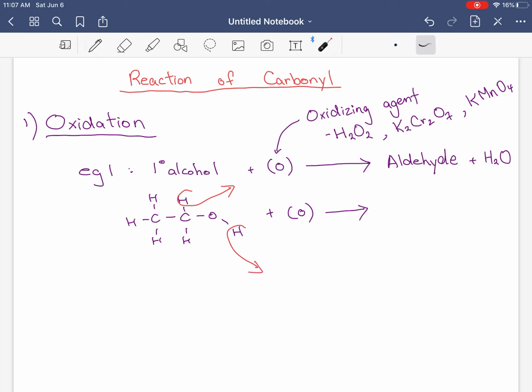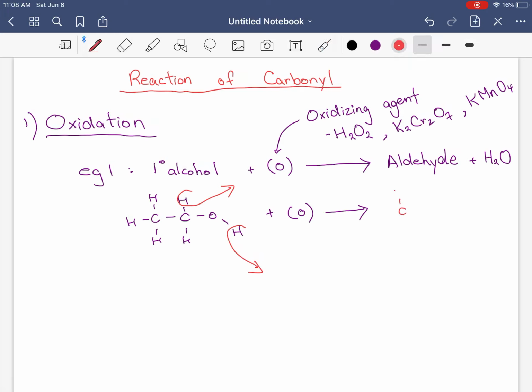Now, it could be this H2, but it has to be this one and this one. These two are going to go. Because by hooking up with an oxygen from the oxidizing agent, this C will be missing a bond. Because it's missing a bond, it will decide to double bond with this oxygen. That's how it works.